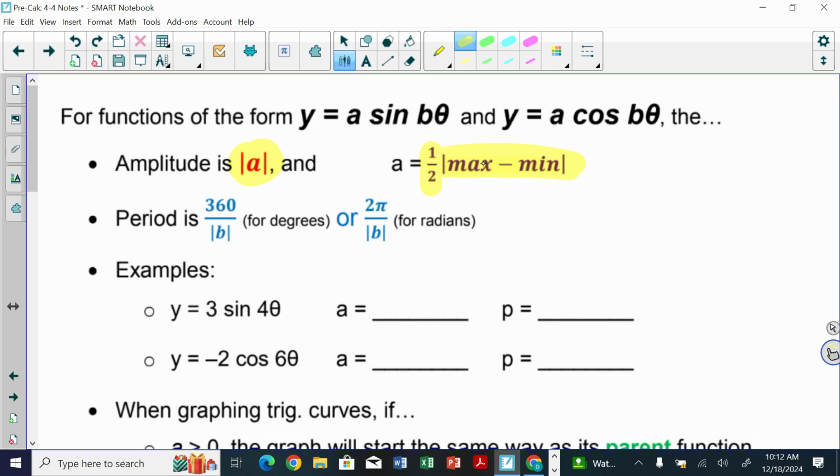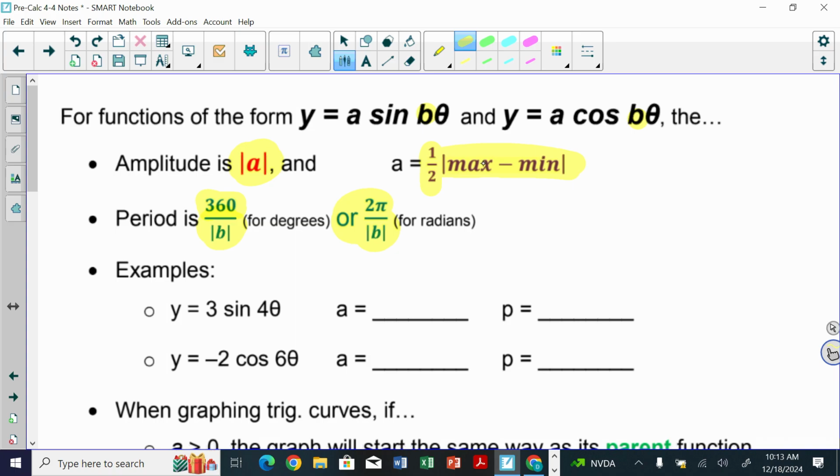All right, your period is 360 degrees, but it's divided by the absolute value of your b value, okay? Of this value right here and right here. So it may stretch it horizontally, or it might make it more condensed, okay? Or in terms of radians, it would be 2 pi over b for that.